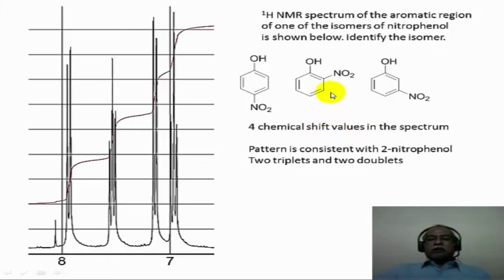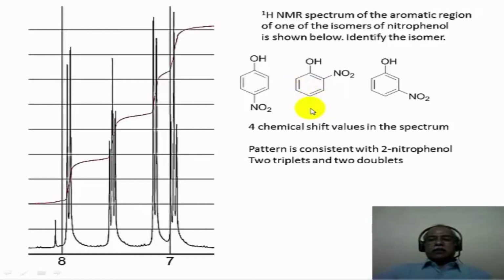How do we know this? Because if you take this particular hydrogen, this has an ortho partner, so it will be a doublet in nature. And if you take the one which is ortho to the hydroxy functional group, that also will be a doublet because of the ortho coupling with the ortho hydrogen. And if you look at the hydrogen in this position and this position, let us take this hydrogen first, para to the hydroxy and meta to the nitro. This particular hydrogen has 2 ortho coupling partners.